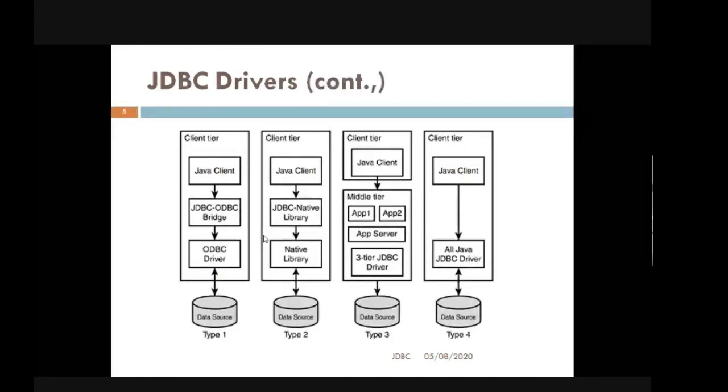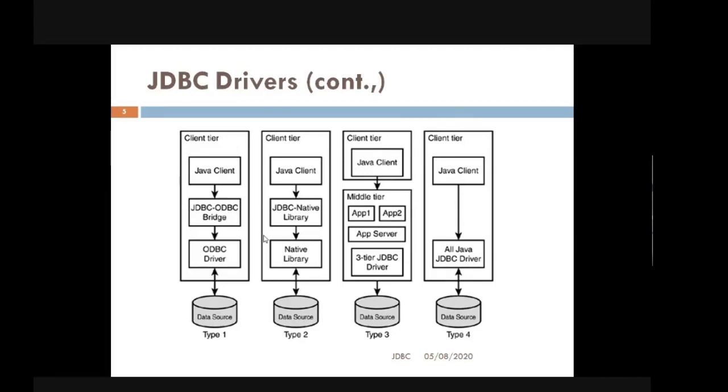In type 1 and 2 you will have the client side libraries. Either the corresponding driver will be there, or else in type 2 you will have the vendor specific drivers, because the database vendors have their own library files, so it will be connecting and communicating through that library. Whereas in the third one you will have a middle layer from the application.